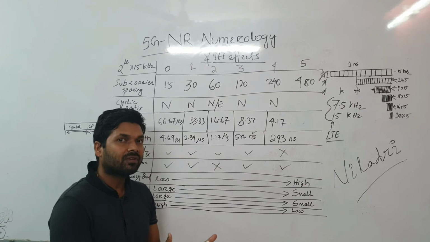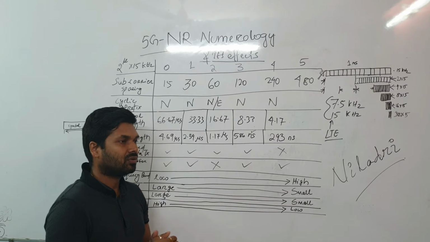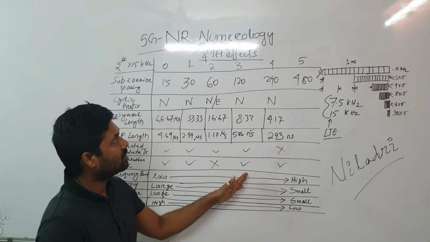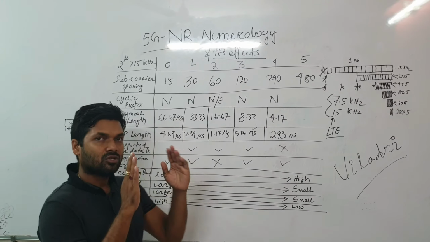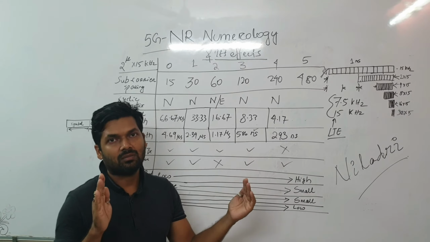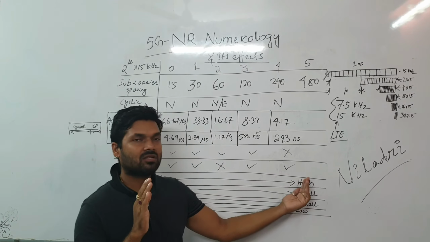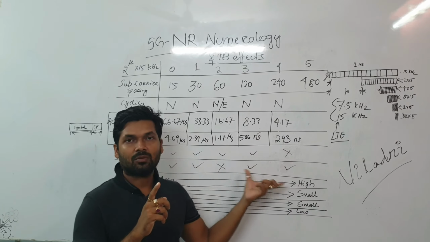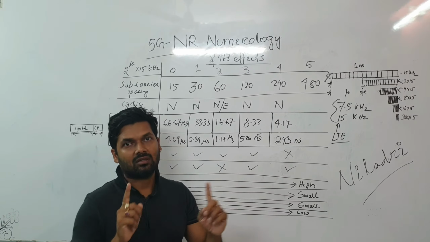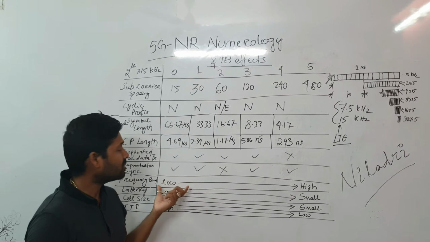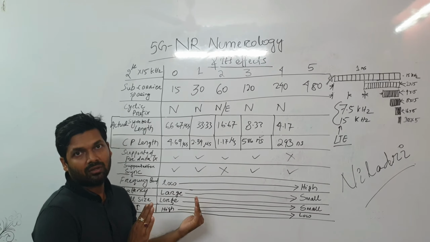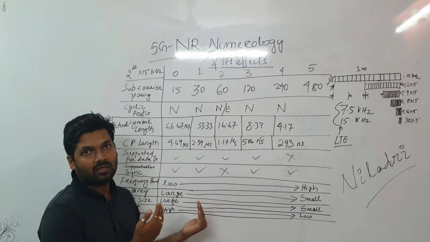So in the millimeter wave range, or above 7 gigahertz, we use subcarrier spacing 120 or 240, right? So the higher the frequency band, the higher the subcarrier spacing. With lower subcarrier spacing, we use lower frequency bands below the 7 gigahertz range.